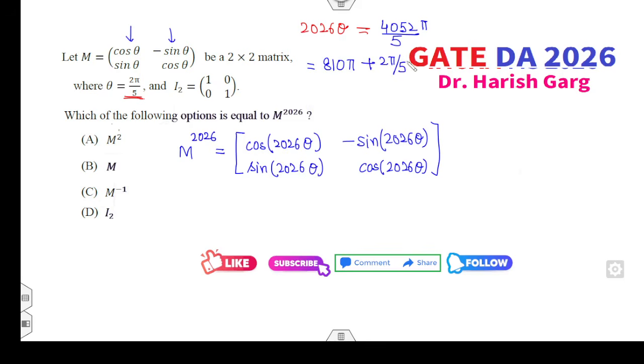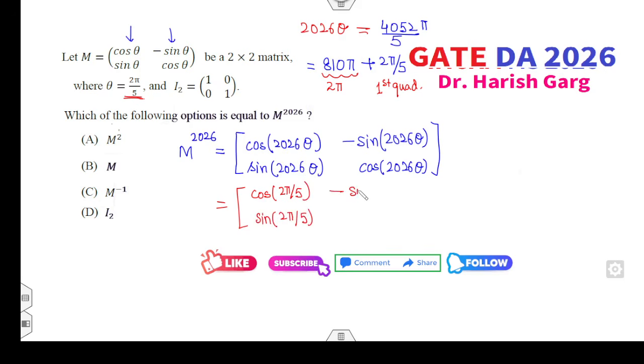So in which quadrant does this lie? Clearly this is a multiple of 2 pi, so it lies in the first quadrant. Once it lies in the first quadrant, what is the value of the first component? Cos is positive, 2 is an even number, so the first expression is cos of 2 pi over 5. Similarly for the second, again it's cos of 2 pi over 5.